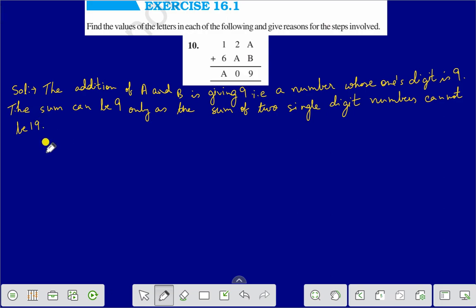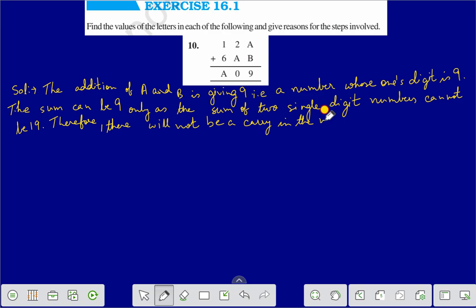Therefore there will not be a carry in the next step.